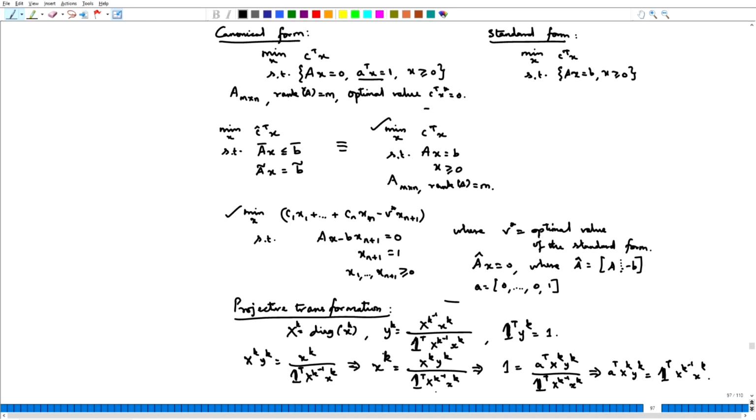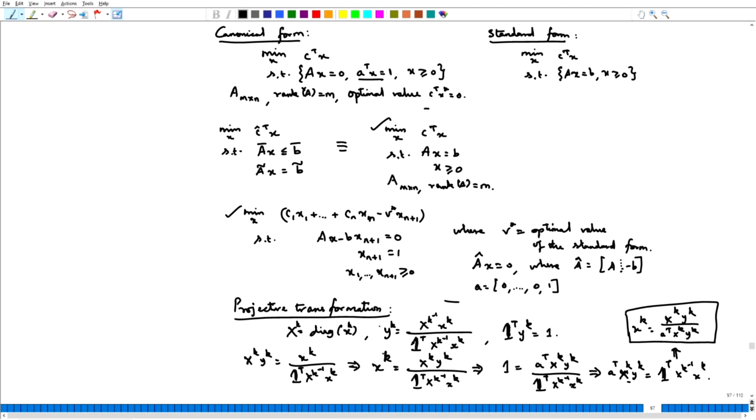So, I can replace 1 transpose X_k inverse x_k by A transpose capital X_k y_k, and because of which it turns out that x_k is capital X_k y_k by A transpose capital X_k y_k, okay.